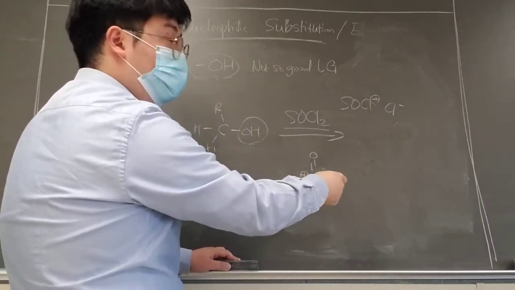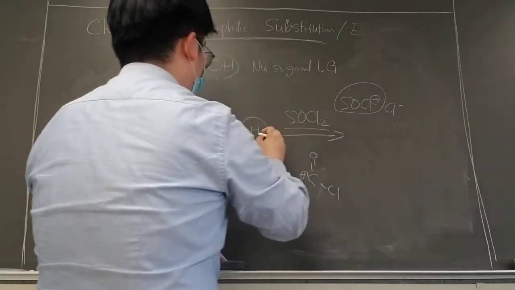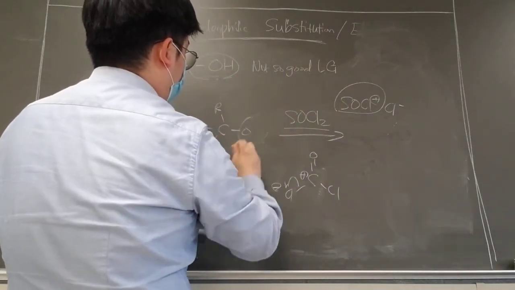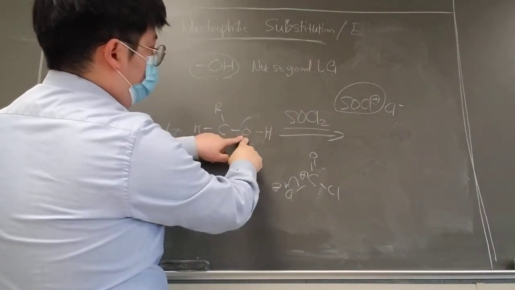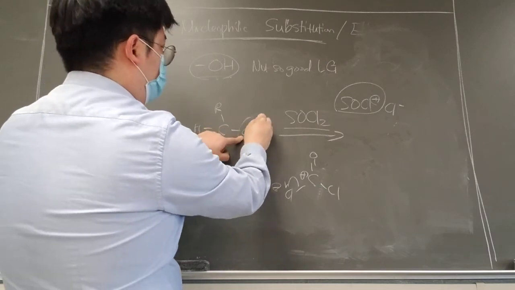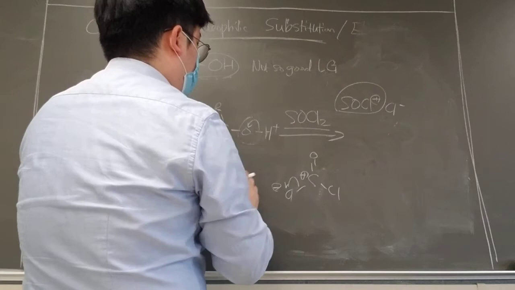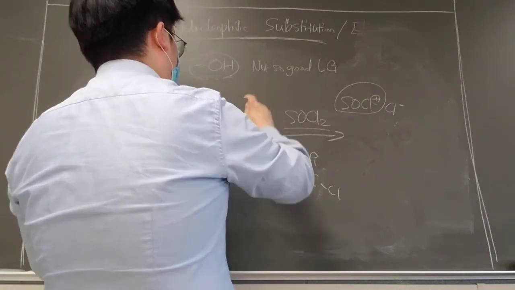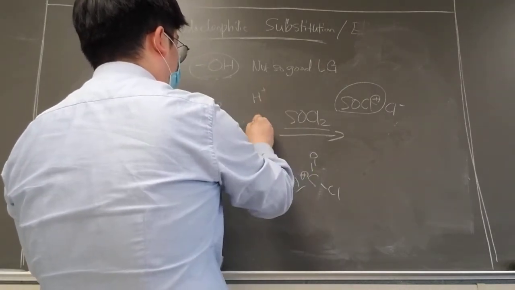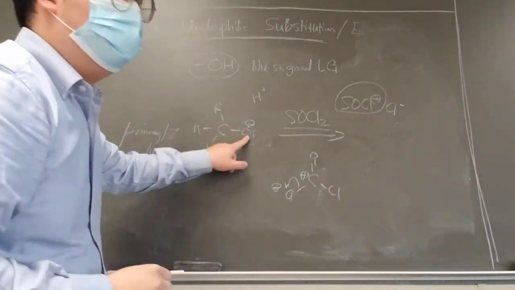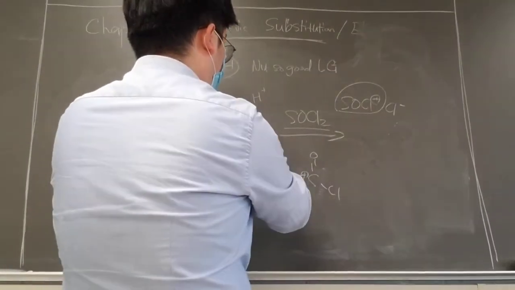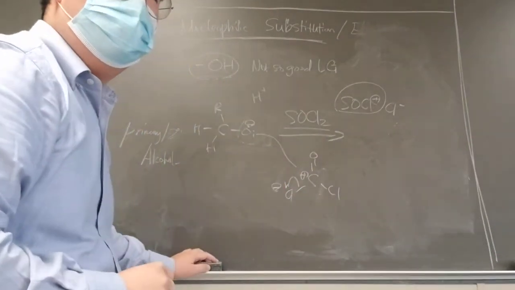Once again, oxygen is more electronegative than hydrogen, so it goes on here and positive right here. Then the sulfur group leaves, but this becomes the negative charge, and so they bond there.